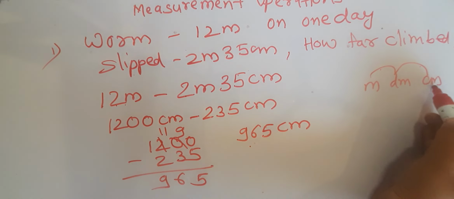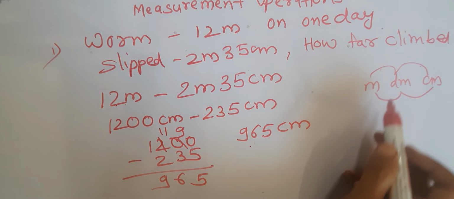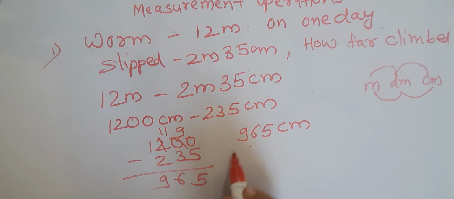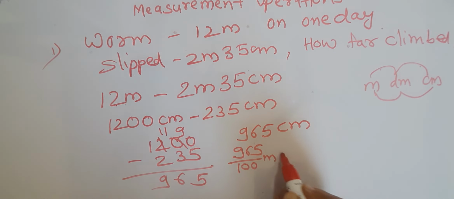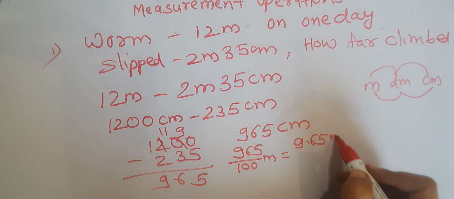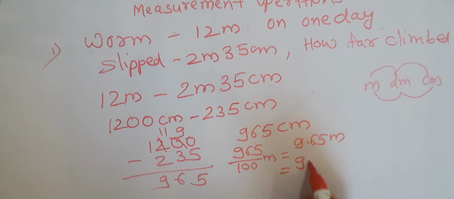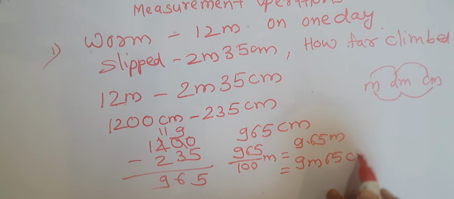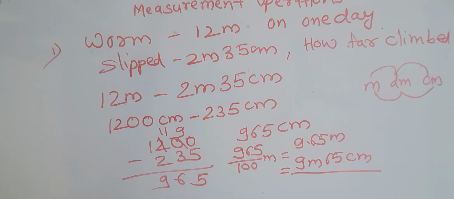So we'll divide it by 100 and convert it back into meter. So 965 by 100 meter, moving the decimal two places, is 9.65 meter, or we can say 9 meter 65 centimeter. This is how far the worm has climbed in a day.